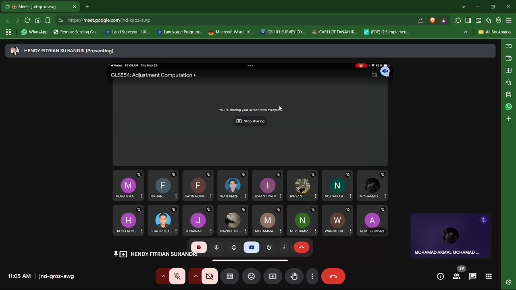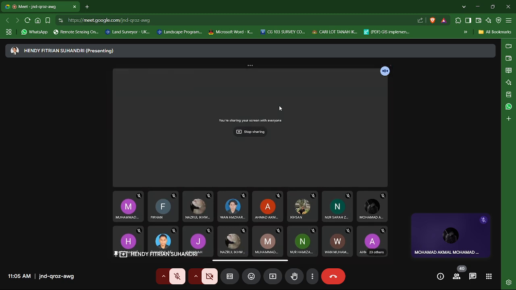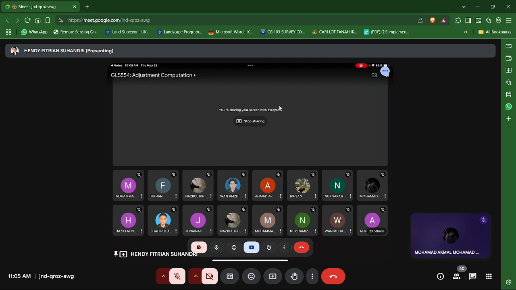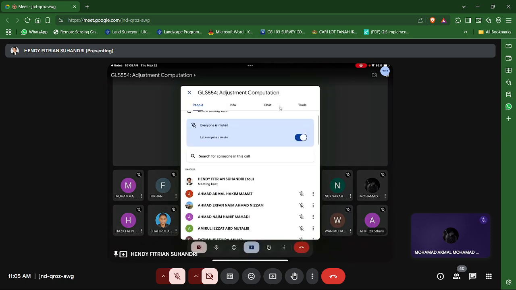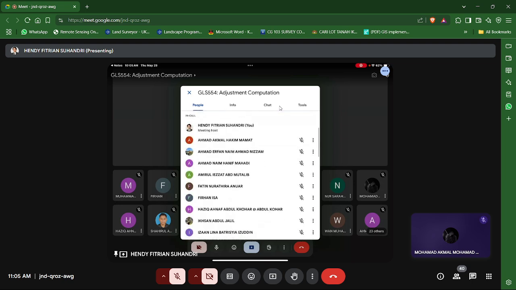Izan ada? Haziq? Tak ada juga. Nanti saya himbau satu-satu attendant ni. Ada doktor. Jawab. Ni siapa ni? Ahmad apa ni? Ahmad Akmal. Ahmad Akmal, jawab. Saya himbau satu-satu. Ahmad Akmal, apa jawapan? Dari tadi saya je bercakap.